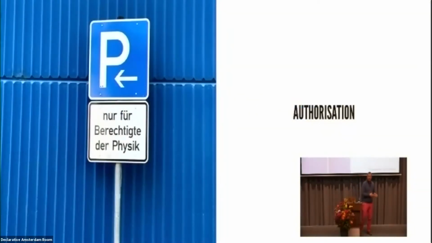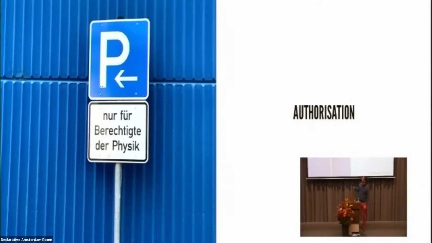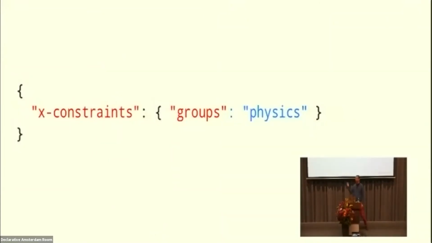Authorization is a different thing. It is actually: now that I know who the user is, is he allowed to do what he wants to do? Right? And this is an interesting parking sign that I found online. It says it's only allowed for people that are, I don't know, part of physics or something. So yeah, I can say this is an addition, an eXist-db specific addition or roaster specific addition. Anything with X in front of it is specific.